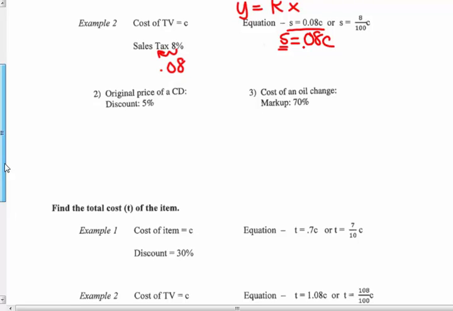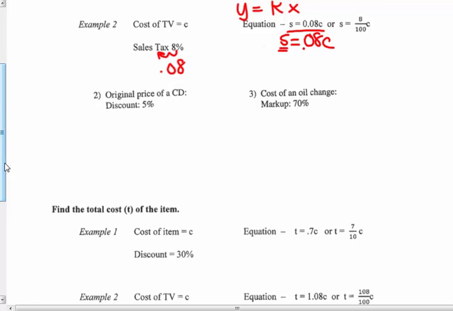So the original price of a CD, let's call it C. I don't know. The CD could be $12.99, $8.99, $3.99, $4.99, $5. The original price of the CD, we're just going to call it C. To find the discount, write an equation. So D equals the discount.